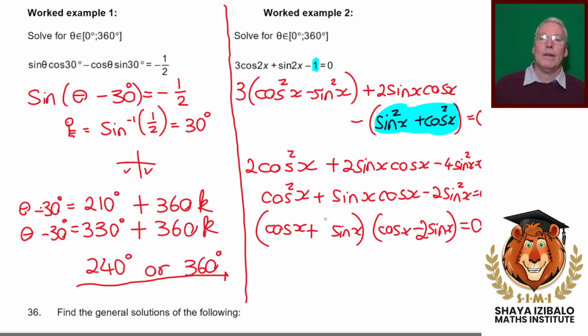Let's just have a look. 3 minus 1 is 2. 3 cos squared x minus a cos squared x is also 2. Okay, so in fact this is actually cos squared x plus sine x cos x minus 1 sine squared x.